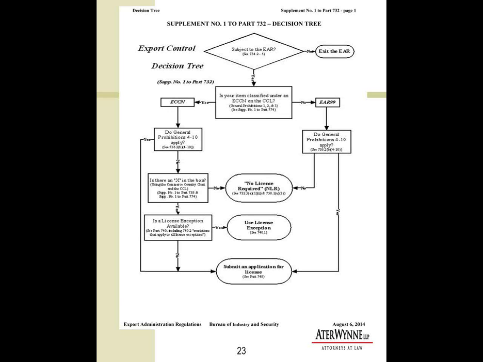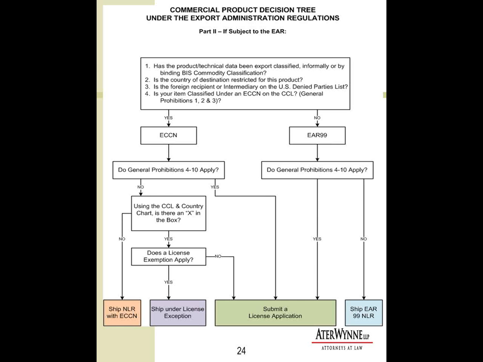Do we need an authorization before we export or don't we? That question is taken up in the second chart in part 732, which I've duplicated here on this next slide. And actually, what I'm going to do is bring us down to a version of that slide that I've made clearer for your viewing.